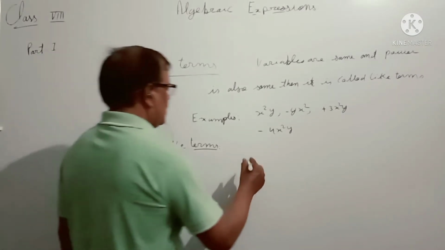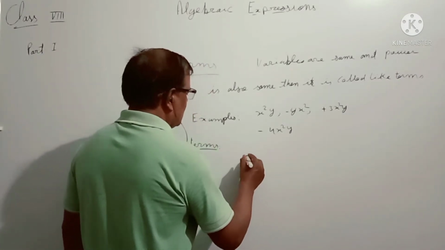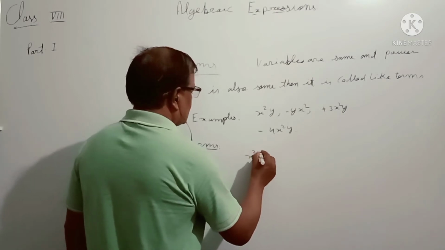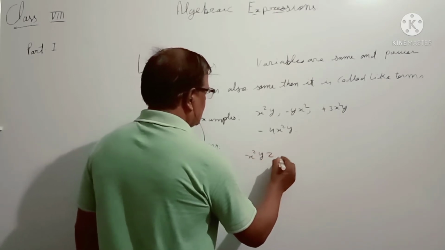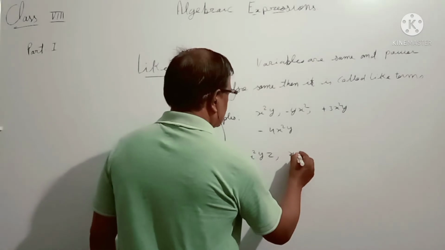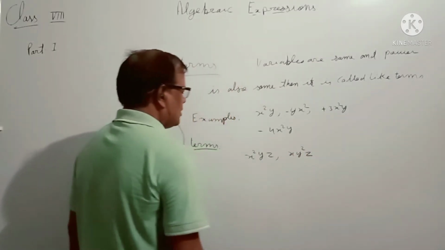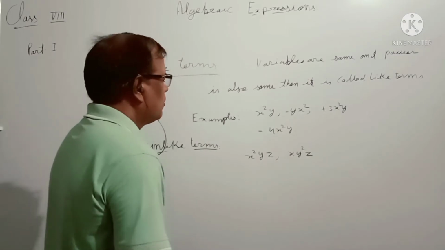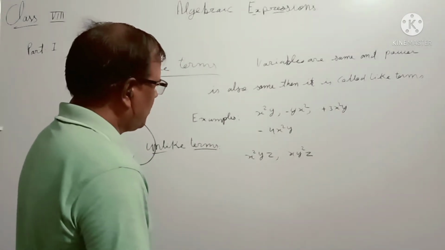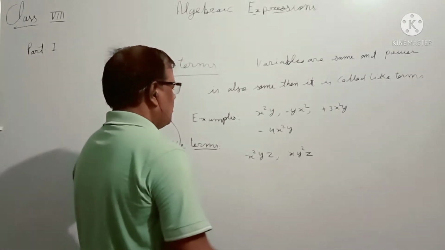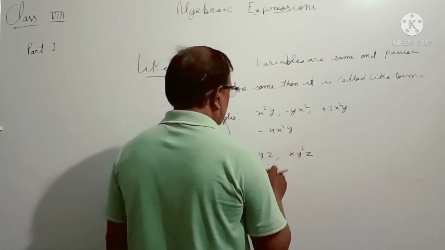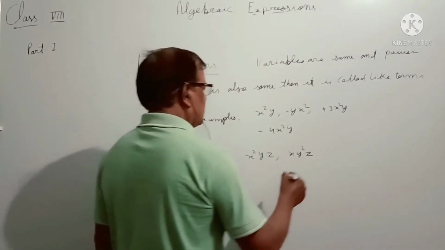Then we can write for example x square y z or x y square z. Here we are seeing variables are same but not used the same number of times and power is different also. So these are unlike terms.